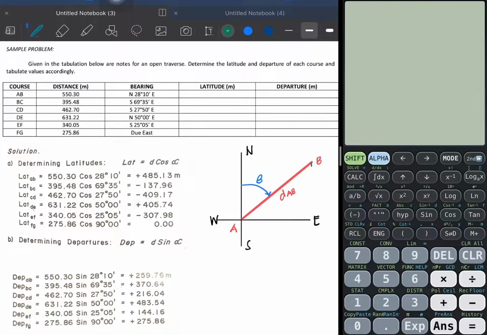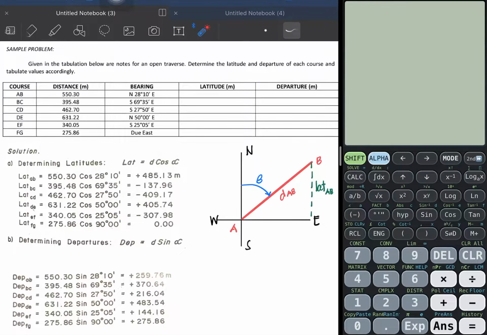So this is now your latitude, latitude AB.